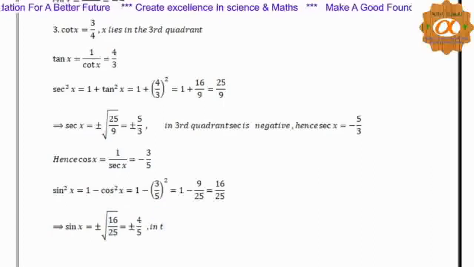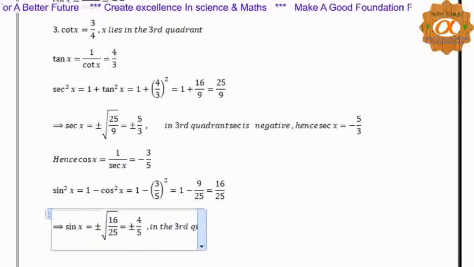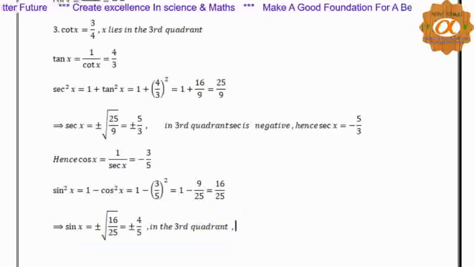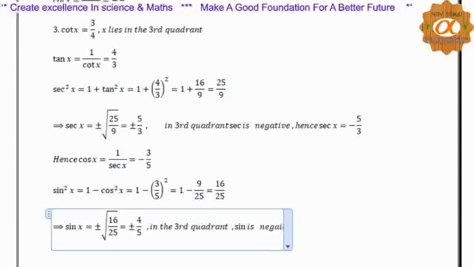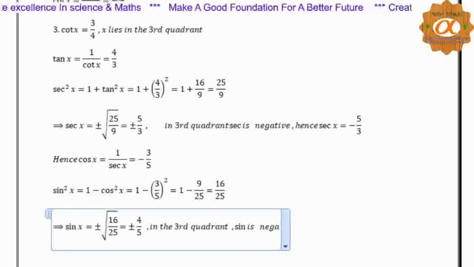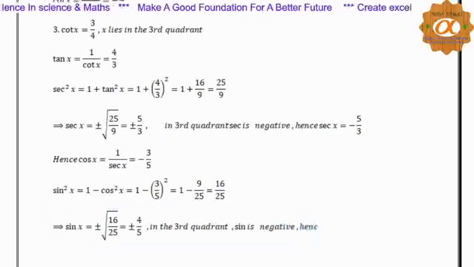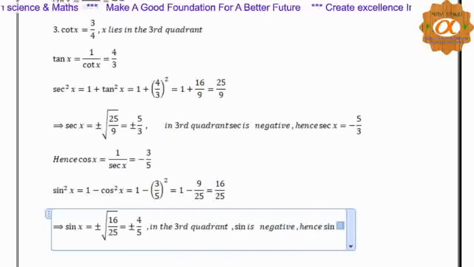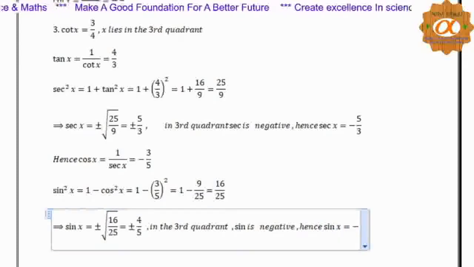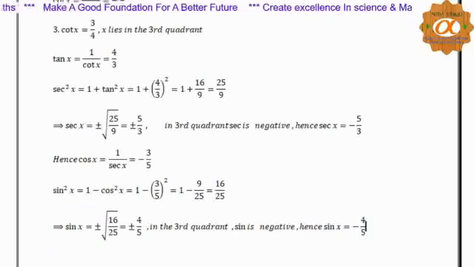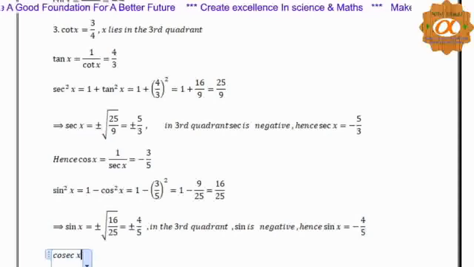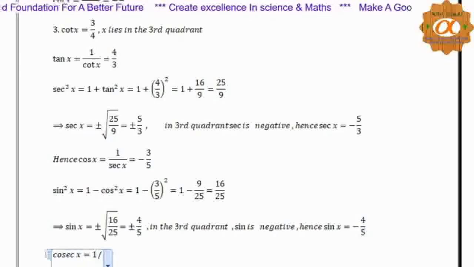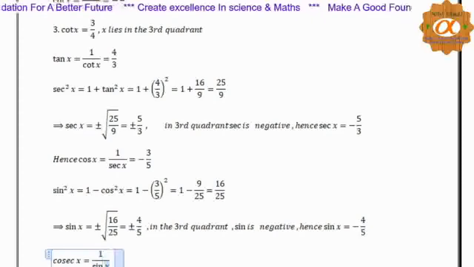Now, in the third quadrant, sin is negative, hence we take sin x is equal to minus 4 by 5. That implies cosec x is equal to 1 by sin x, the reciprocal of sin x.